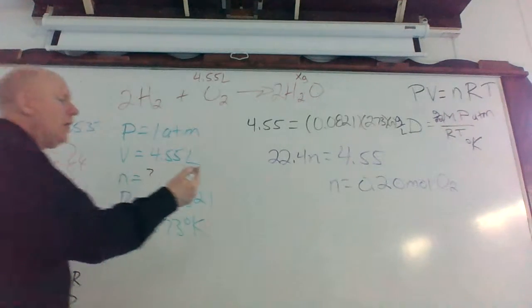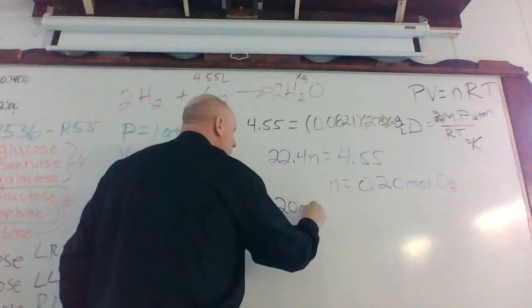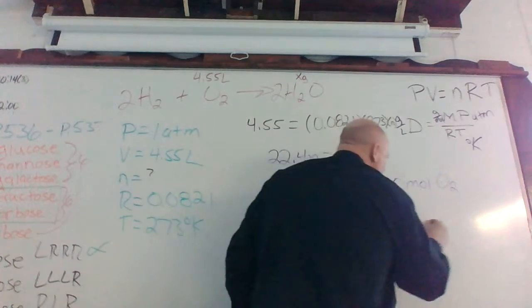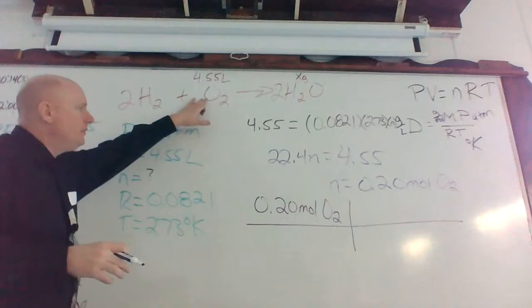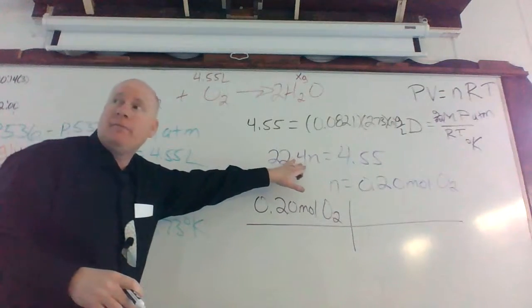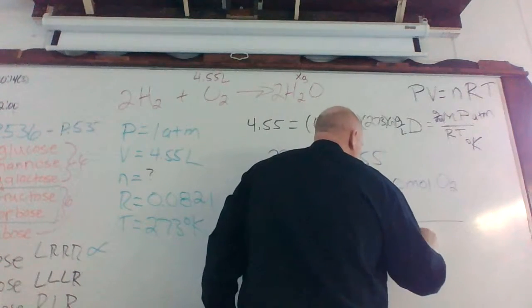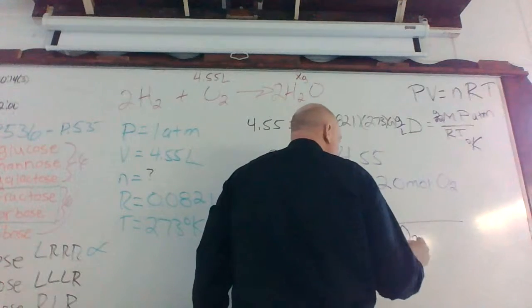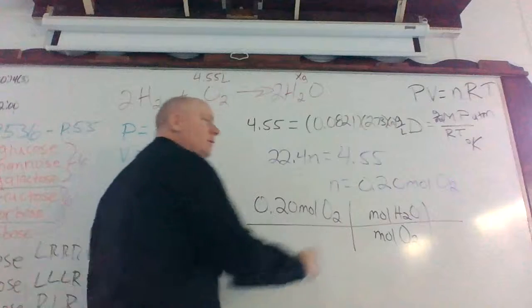Okay, so as we look at this, if we take 0.20 mole of oxygen, okay, so there's no way of getting around that. It's just like taking moles of this substance now, because we just solved for it. So for every mole of O2, we would get moles of what we want. And remember, this is a mole ratio.